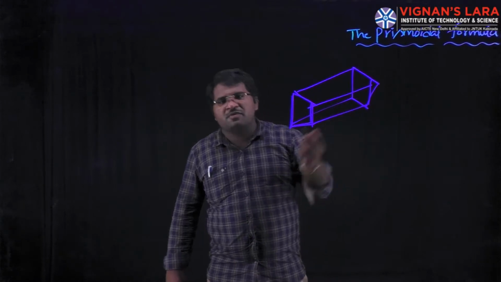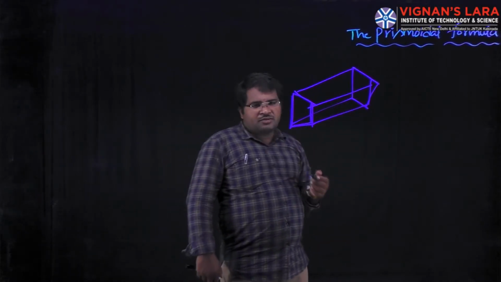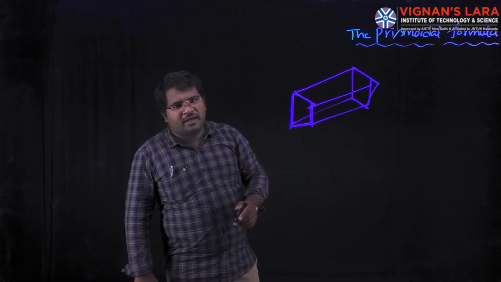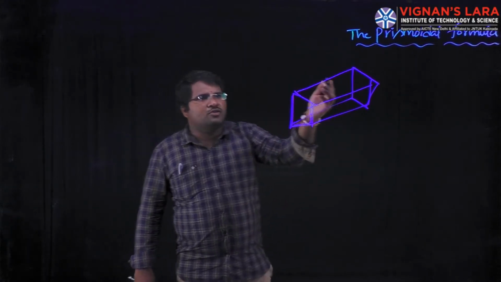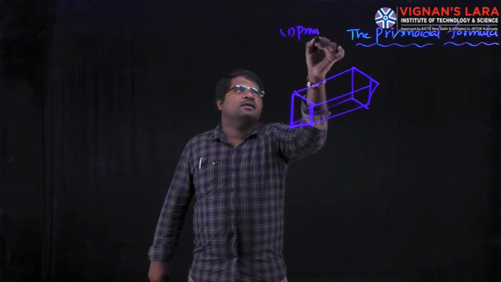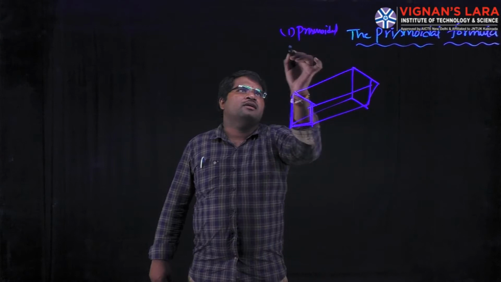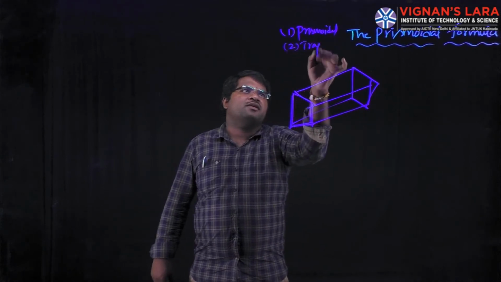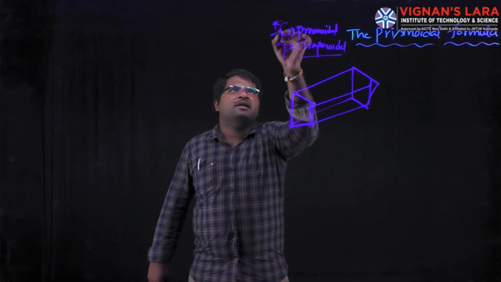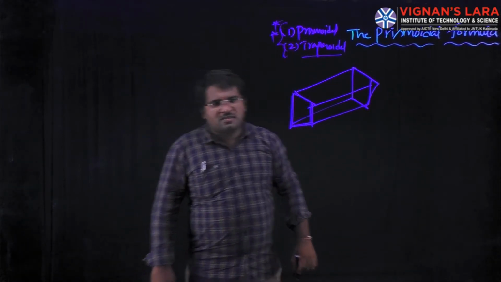We normally use this in any earthwork calculations. To calculate the volumes of these prismoids we use two formulas: one is the prismoidal formula, and the second is the trapezoidal formula. These two are very important in the calculation of volumes.